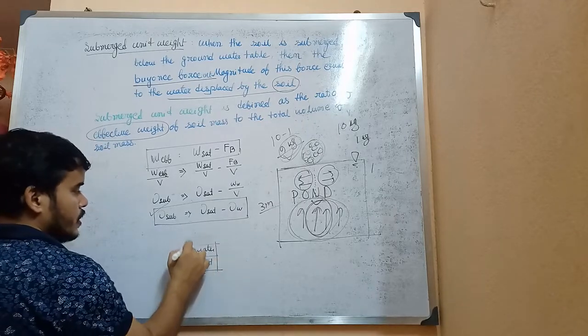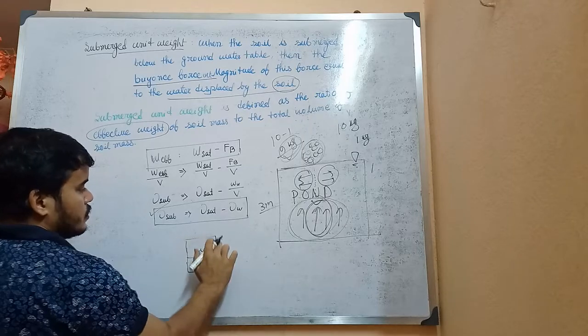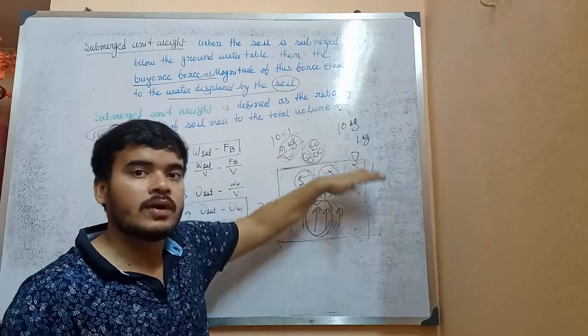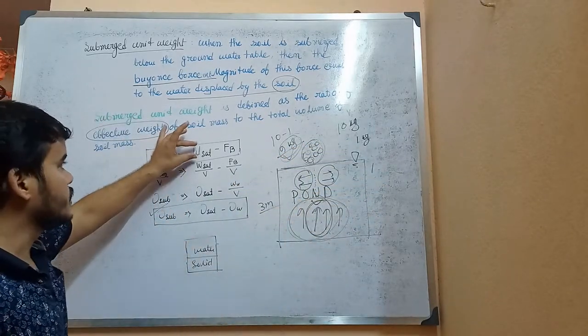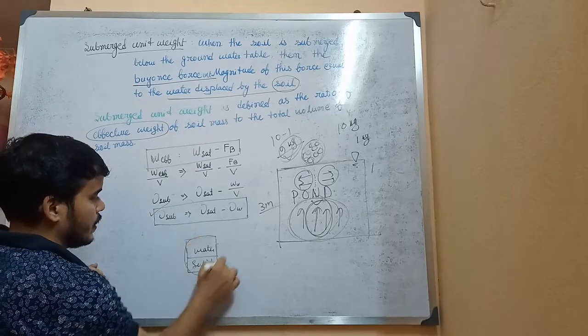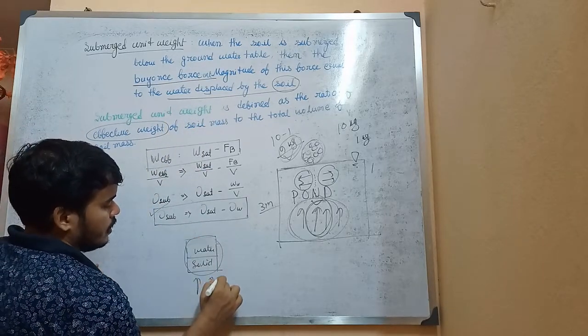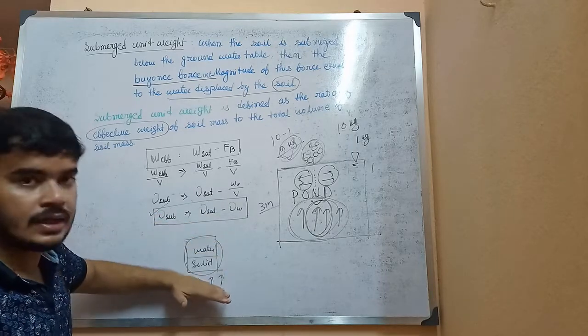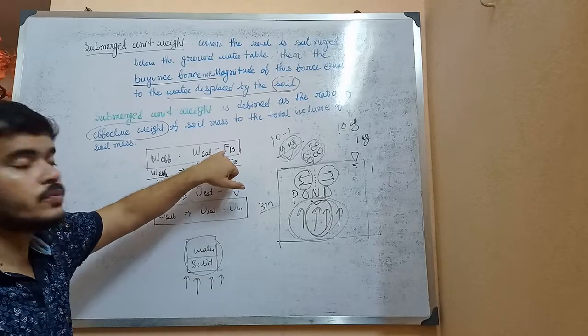The void due to the air will be replaced by water. So this will be fully saturated soil when the soil is under the water table. So saturated weight of the soil minus the buoyancy force, which acts opposite to the soil if the soil particle is under the water table.